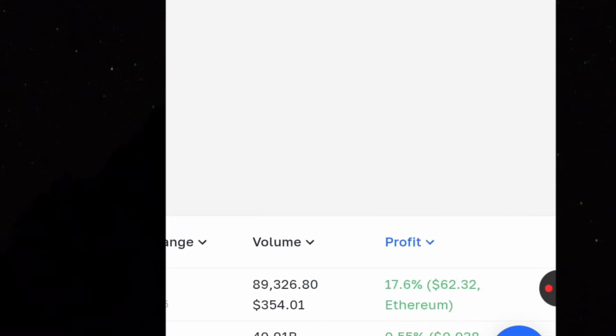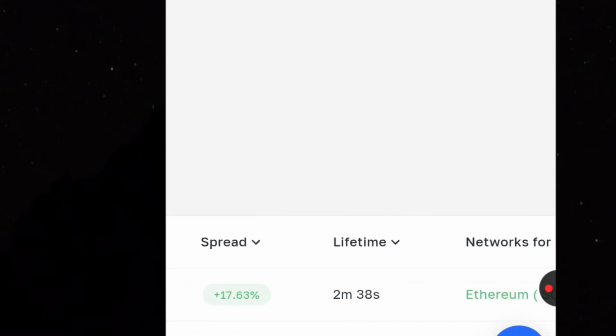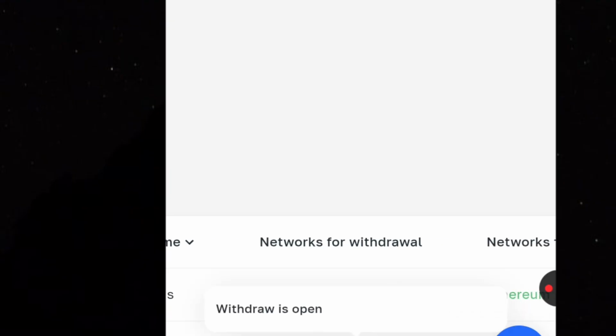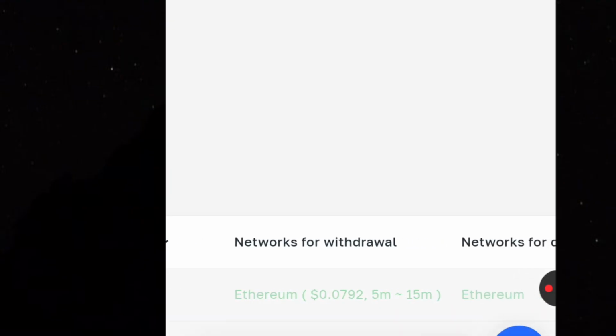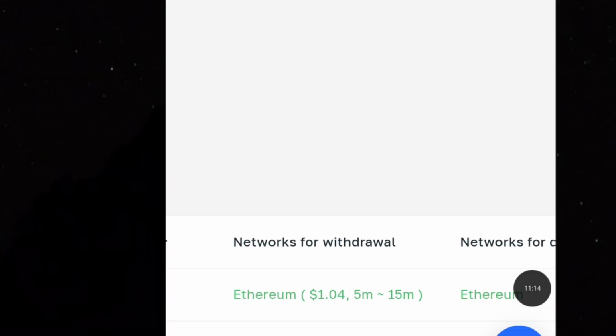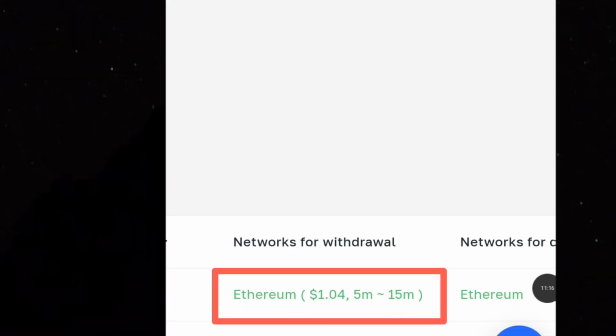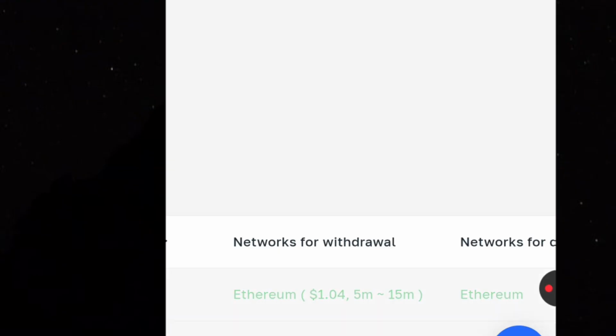I've always mentioned that you can see the lifetime is 2 minutes. The network for withdrawal is so important, and it shows you the withdrawal fees and everything. This is what makes it different from doing the research all by yourself.